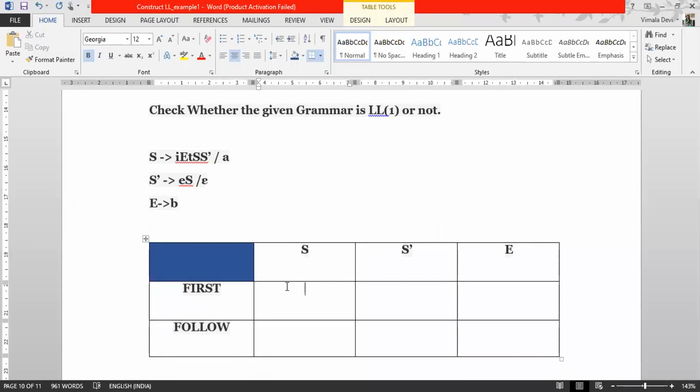Take down the steps. And then you have to build the parsing table. After building the parsing table, if any of the cells contains more than one entry, then for the given context-free grammar, we cannot construct an LL1 parser. We have to go for some other type of parser. Or else I can say the given grammar is not LL1 parsable.